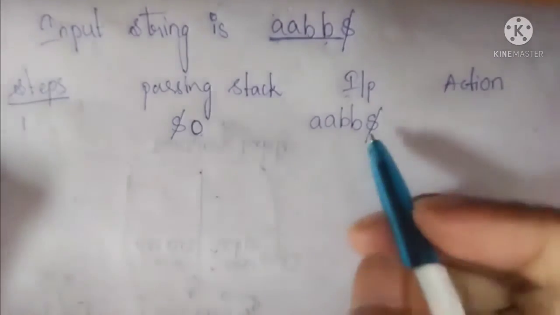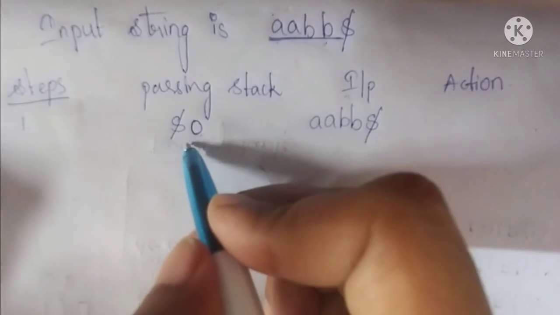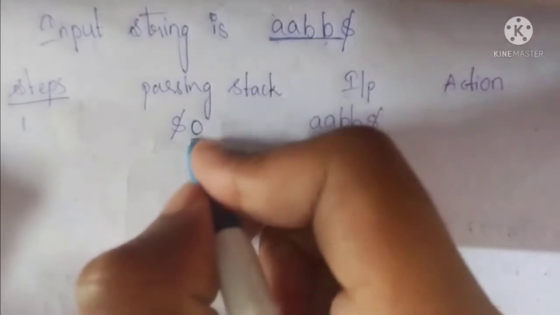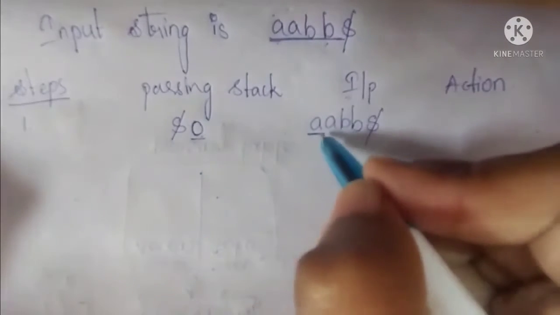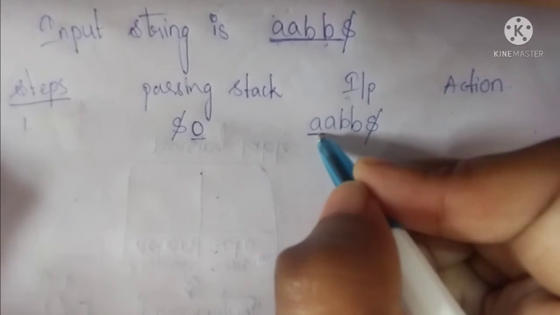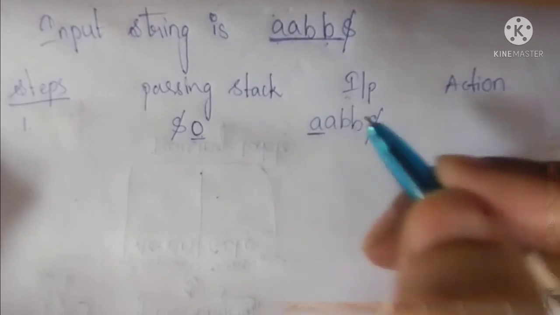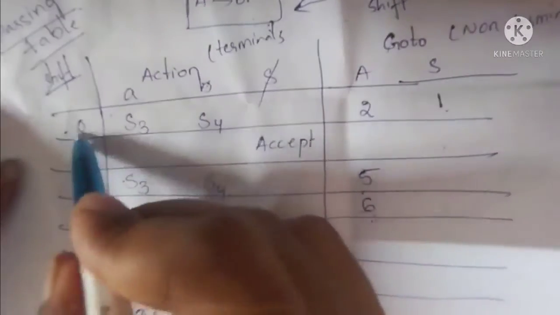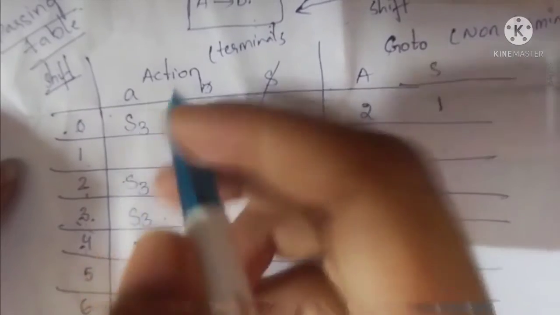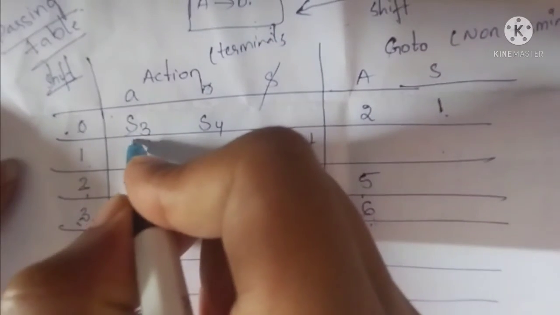First you have to check in the table I0 to A, meaning in the I0 to A position where it is moving. See here, I0 to A is going to S3, which means shift 3.